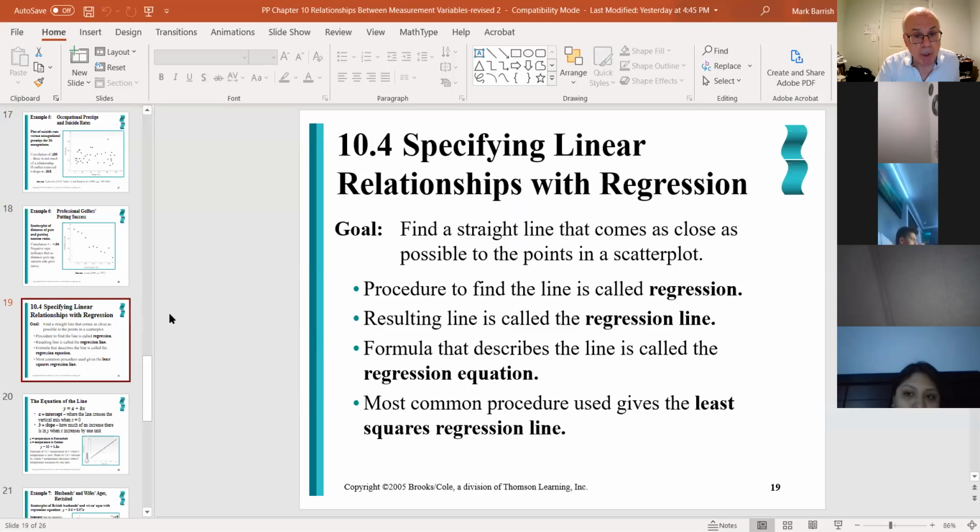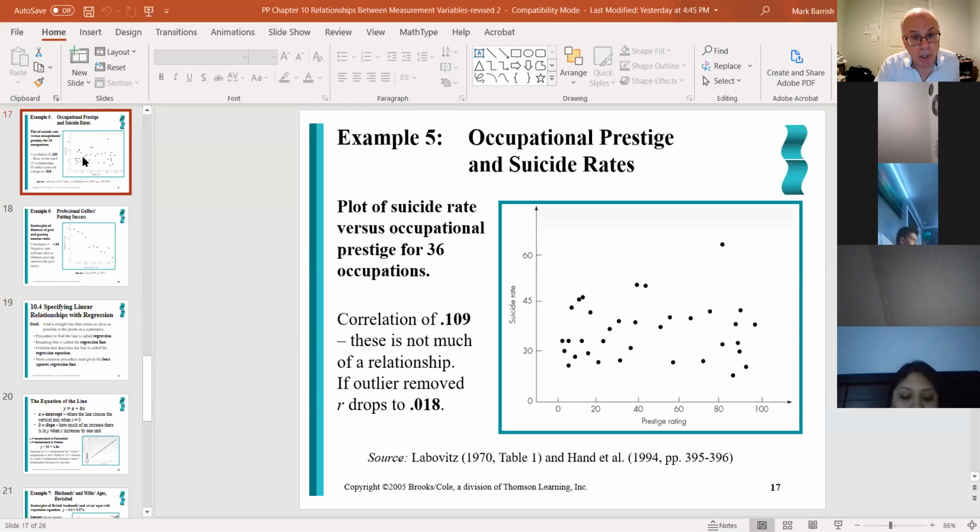So the question is, how do we specify the relationship? We use what's called regression. It's a procedure to draw a line that's best fitting. There's many lines that we could draw through these points. There's one that's best fitting, which means that the distance from these points to the line is the closest, all right?